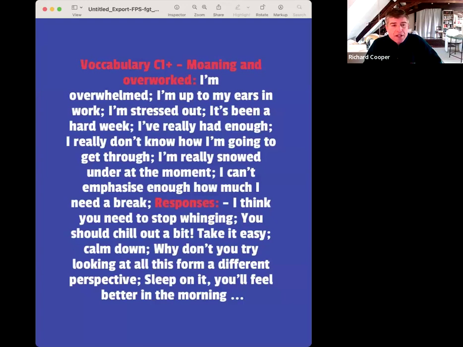And I have an example here. This is something I put together, which I've named vocabulary C1 plus, moaning and overworked. If we are overworked, we might start moaning, complaining, speaking negatively about our work.